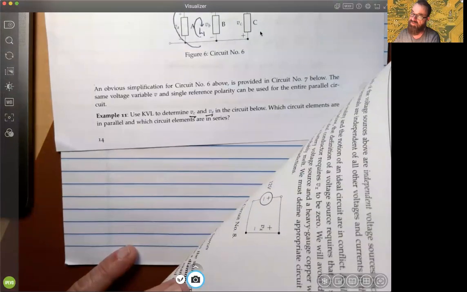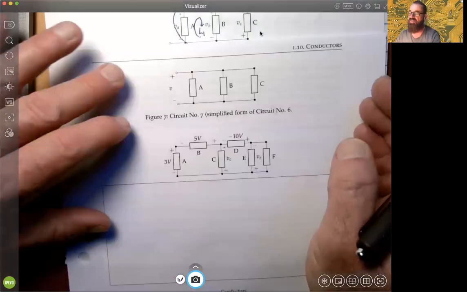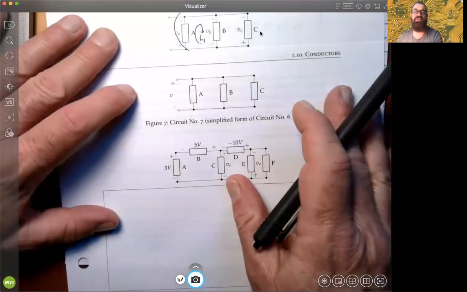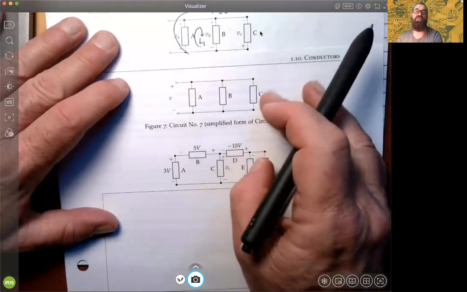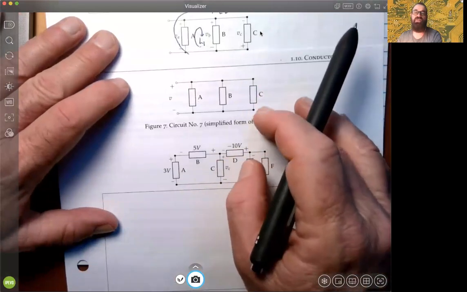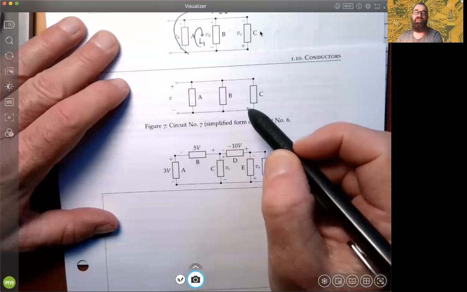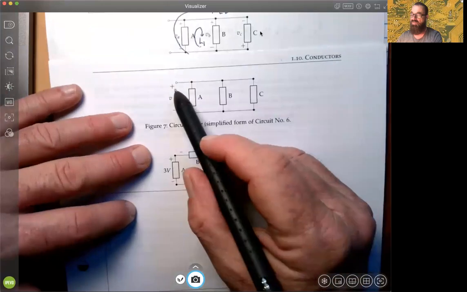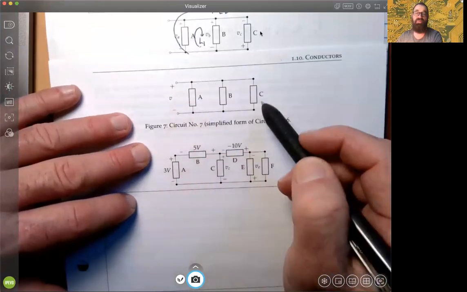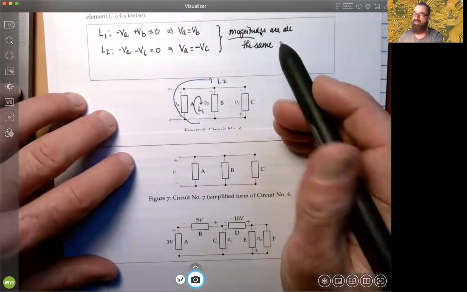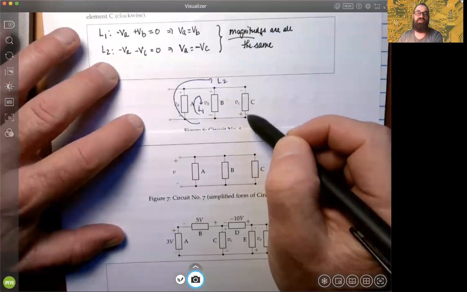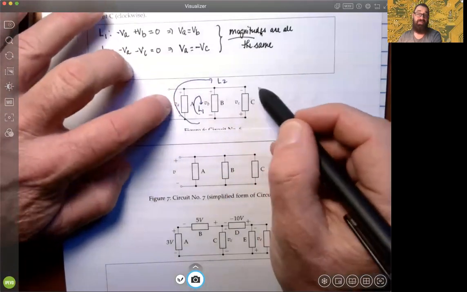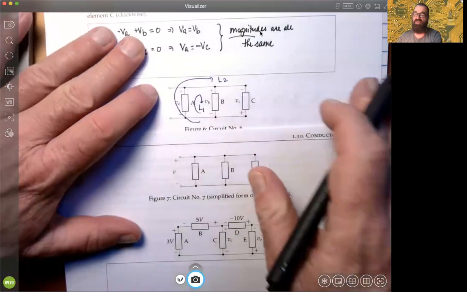Typically, we can use the same reference polarity for the entire parallel circuit, even though the magnitudes are the same. Most of the time, this is what people will do. It's very rare that anyone would hook these things up in this way, where the polarities are not the same. So this is not typical.